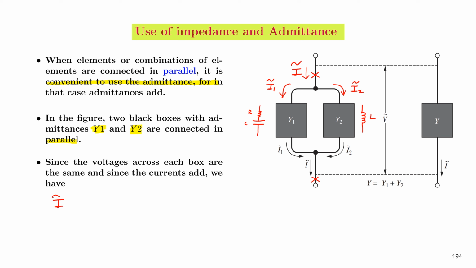We can write the total current as being divided into I1 and I2.